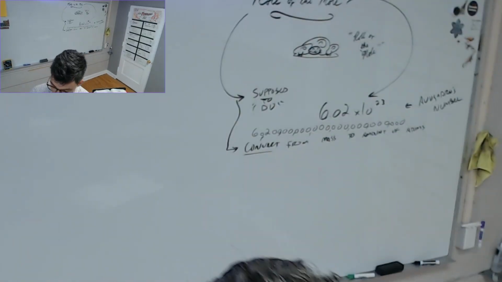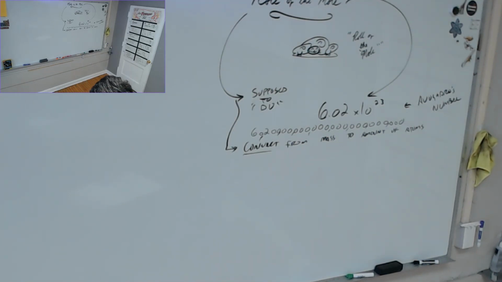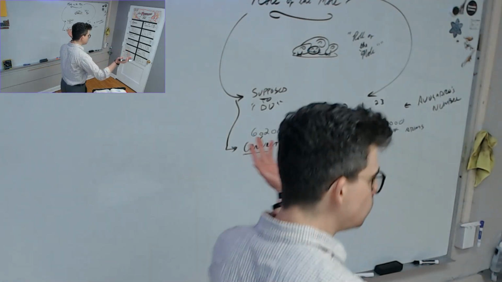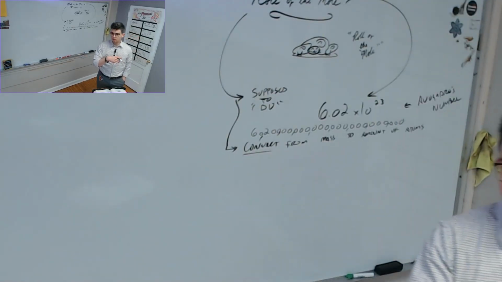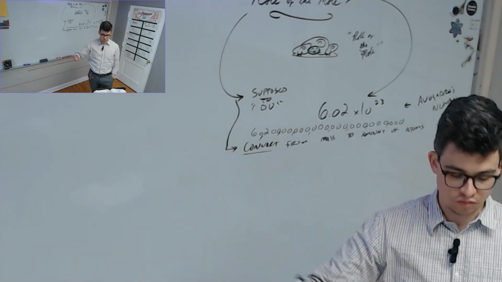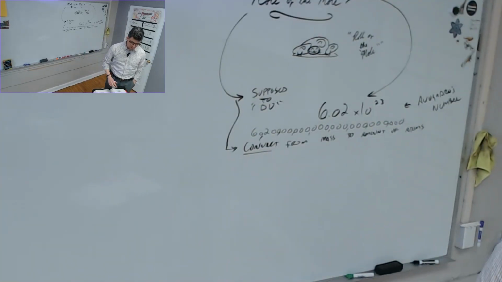This math seems wrong, so we'll just ignore that for a second. But it's huge. Just that many of the little sugar babies would be many, many thousands of miles, because it's such a big number.